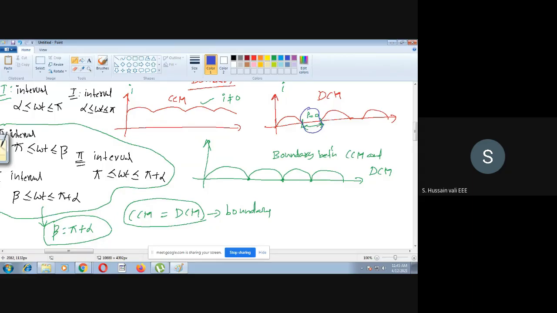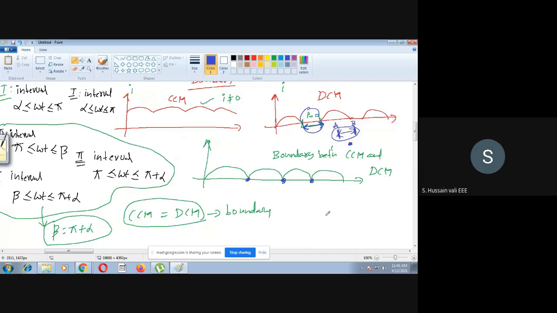For the boundary, there is a finite duration here for which I is equal to 0. We will make this finite duration equal to 0, so that it makes only one contact, only one point. So we have to decrease this entire length to 0. Call this point A and this point B. When A and B are equal, it becomes just this dot.